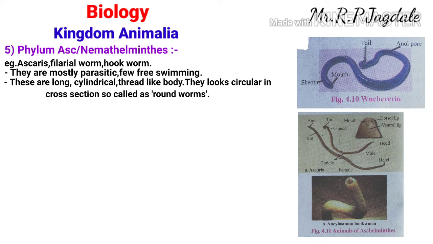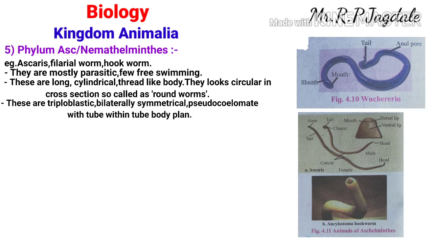It looks circular in the cross section, so they are called roundworms. So the common name of animals of Aschelminthes is roundworms because they look circular in cross section. These are triploblastic, meaning having 3 germ layers, bilaterally symmetrical, meaning if we cut the animal into 2 parts, the parts on both sides are symmetrical.